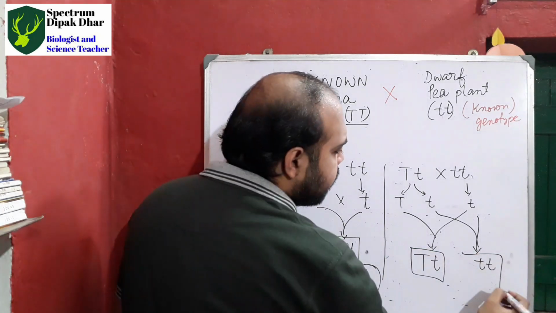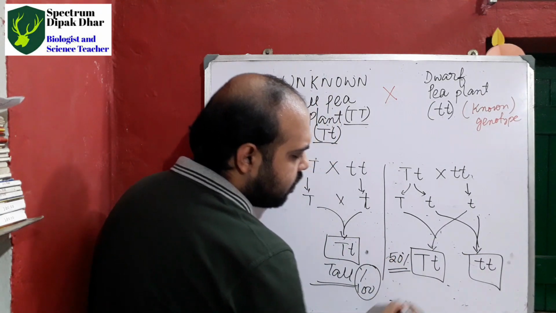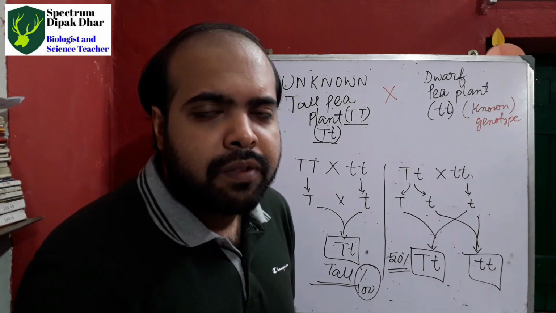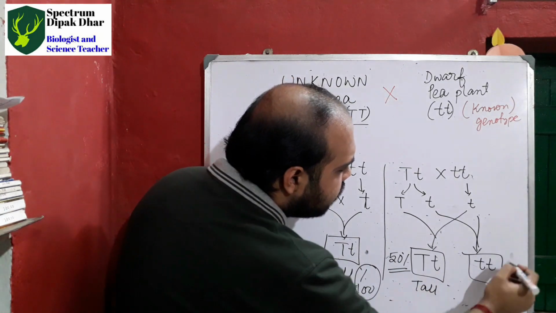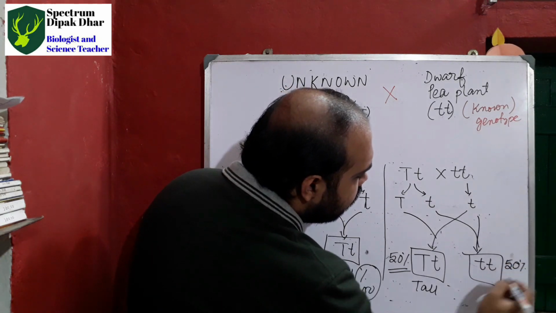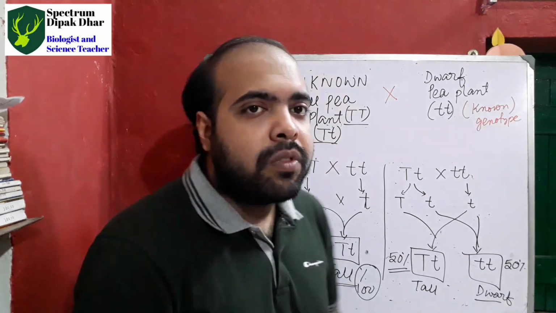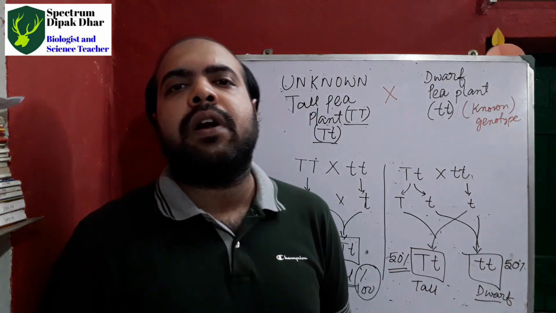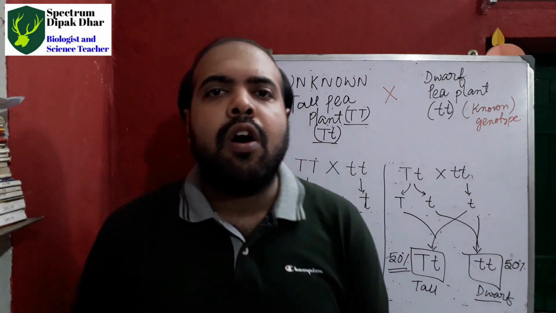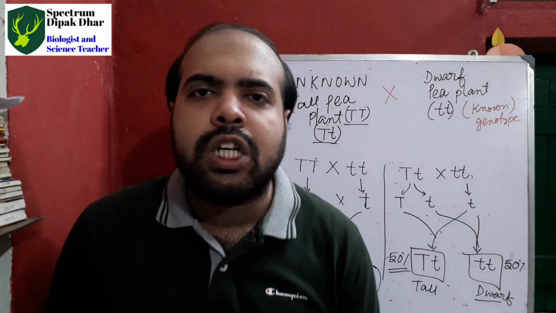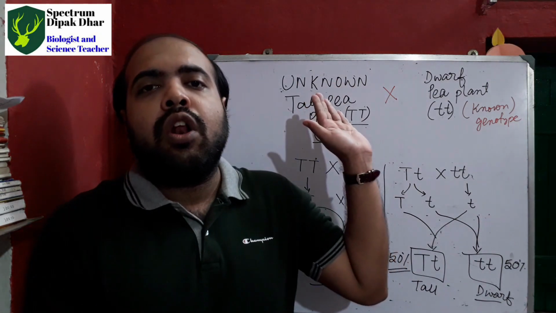So there is a 50% chance of getting a tall plant and a 50% chance of getting a dwarf plant. From this percentage in the F1 generation, we can conclude the unknown genotype of the tall pea plant.